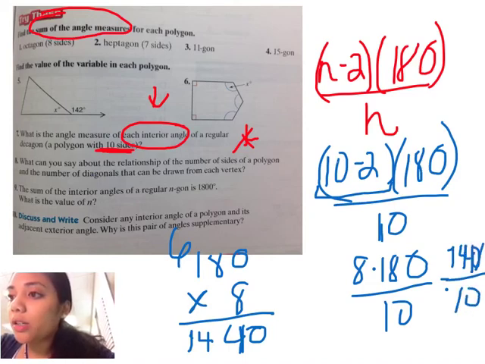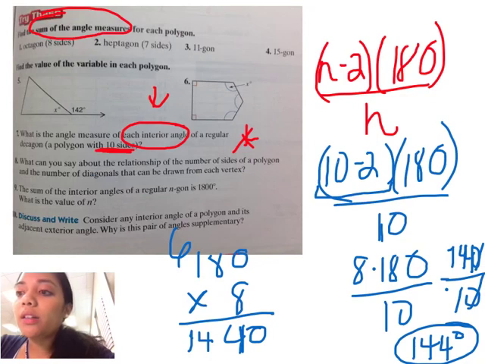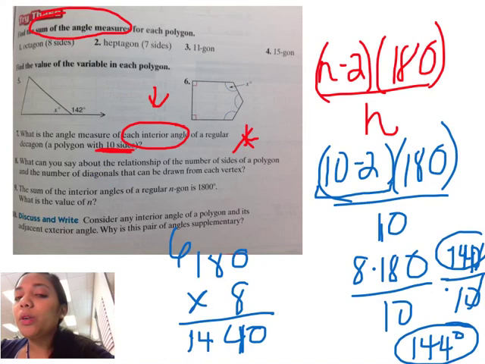I can cross out a 0, and I get 144 degrees. So 144 degrees means that each angle inside your polygon is 144 degrees. If each angle was 1,440 degrees, there's no way, it's not possible.